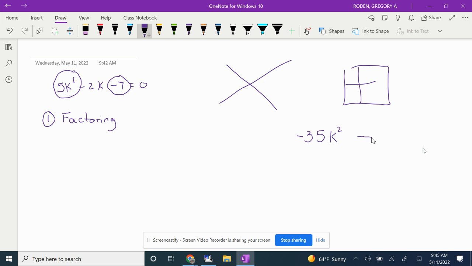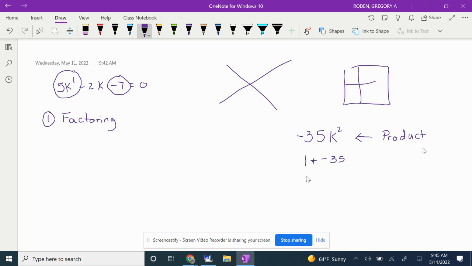Now, that's the product. So what you want to do is find two factors that sum to negative 35. Now think about the factors of negative 35. You could have 1 times negative 35, that multiplies to give you that, right?